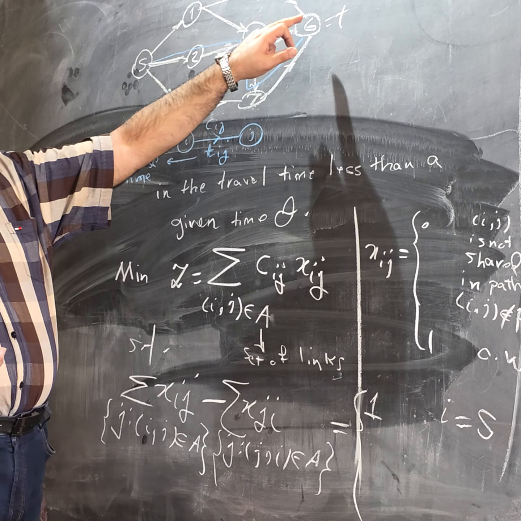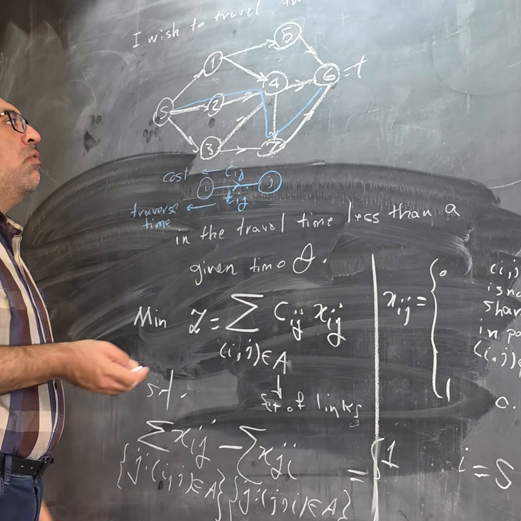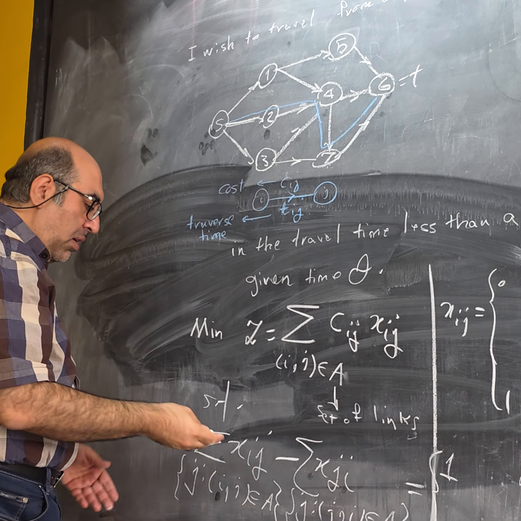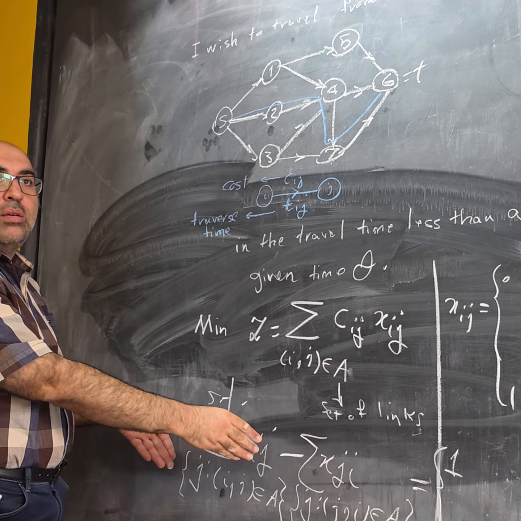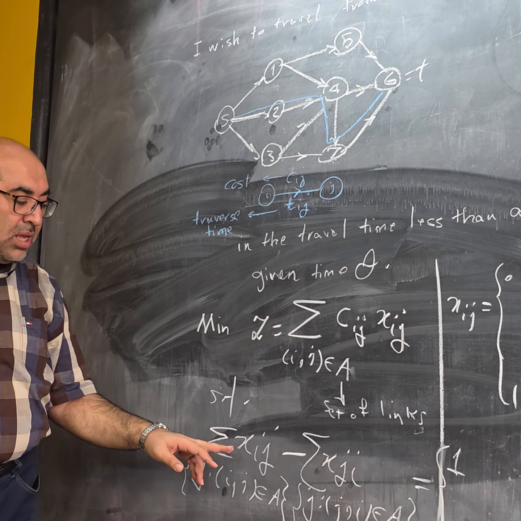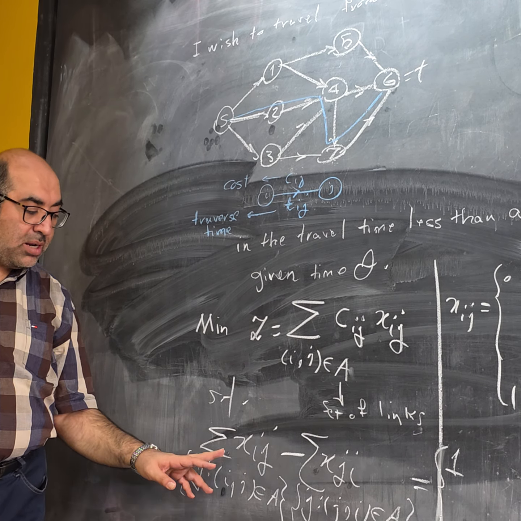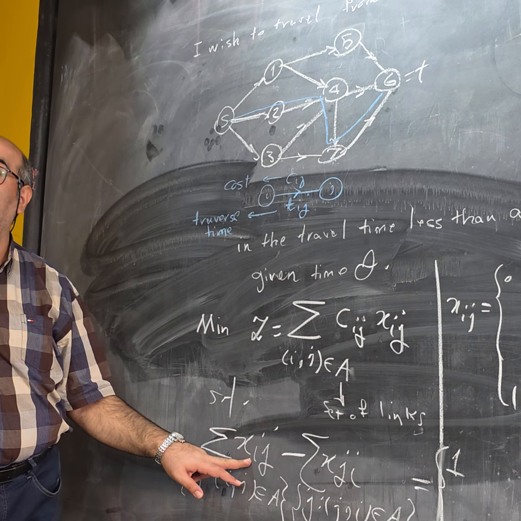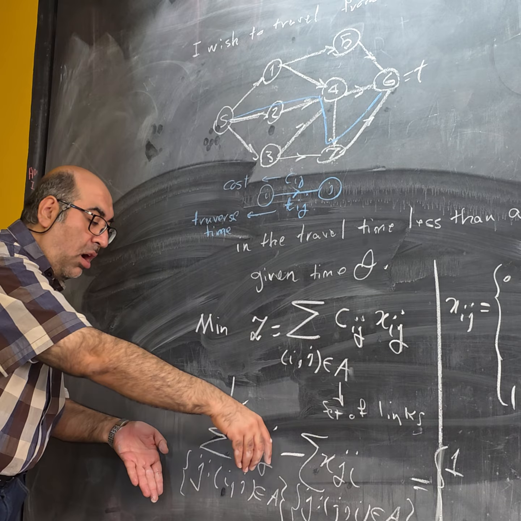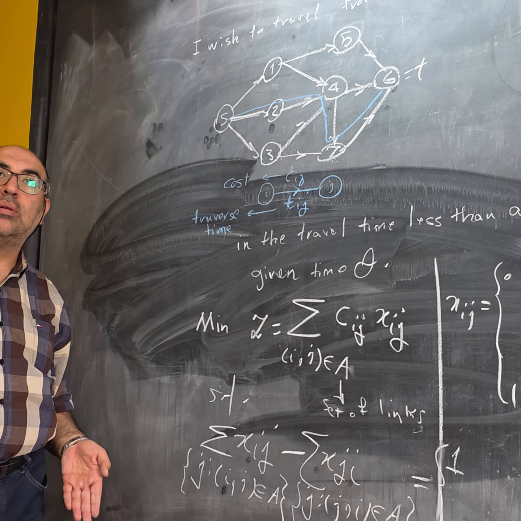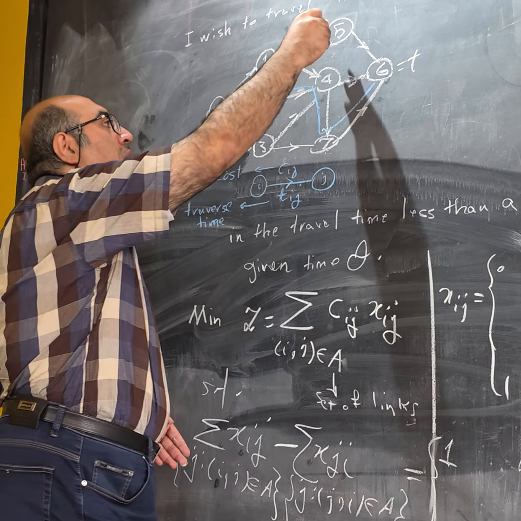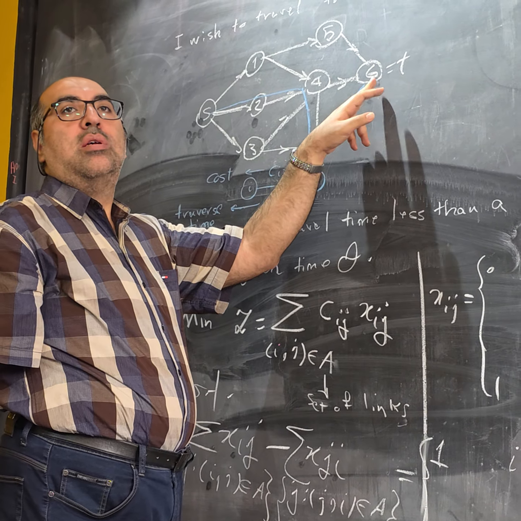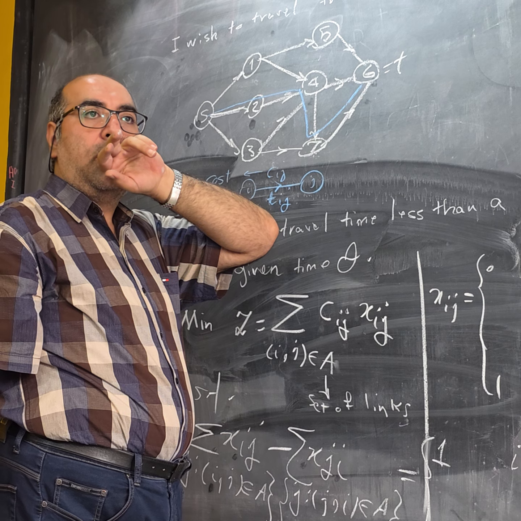For the target, we do not exit from the target. Because of that, the first summation, which counts the edges used for exiting from the node, is 0. All of them are 0. But from one of the neighbors, I enter the target.